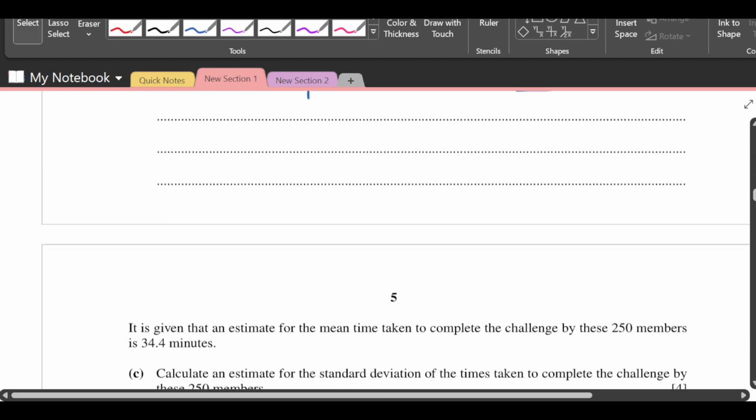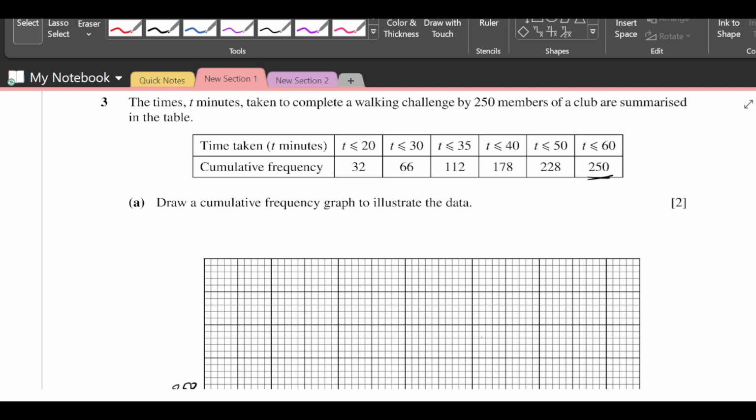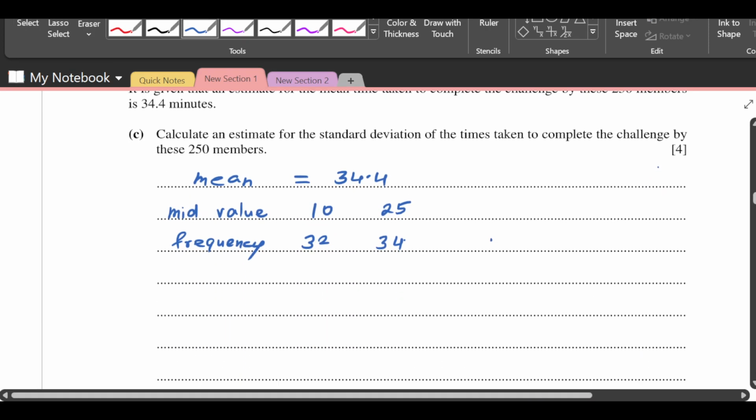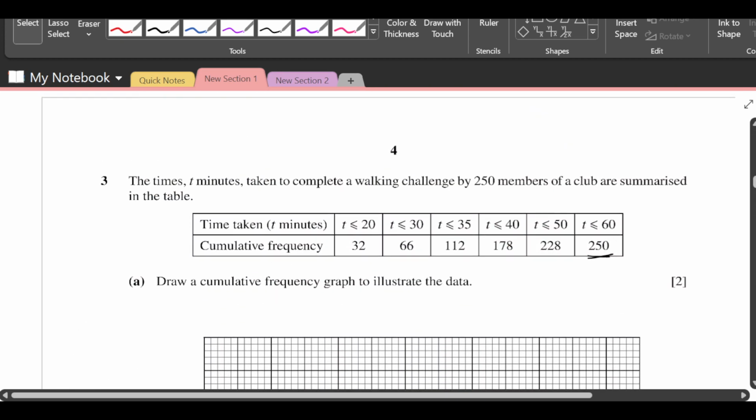Then 30 to 35, the average is 32.5. The frequency is 112 minus 66, which gives us 46.